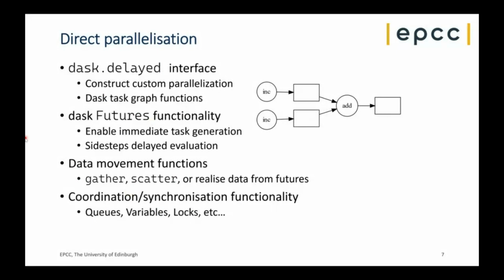So Dask does let you also build more complicated, more custom task graphs yourself if you want. If you're getting into this level, though, of course, it's always worth thinking, is Dask the right place to be doing this, or should I move to something like MPI for Py and write my program that way?